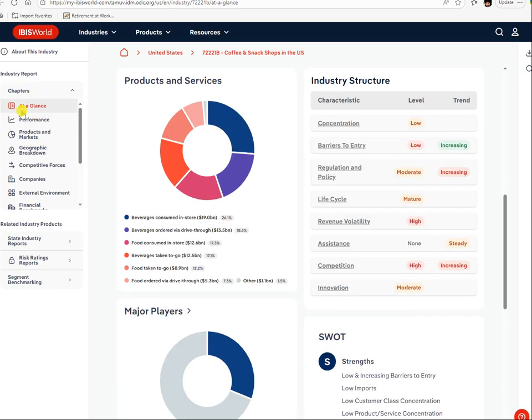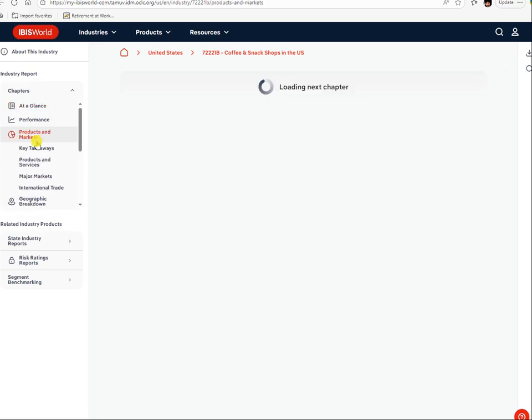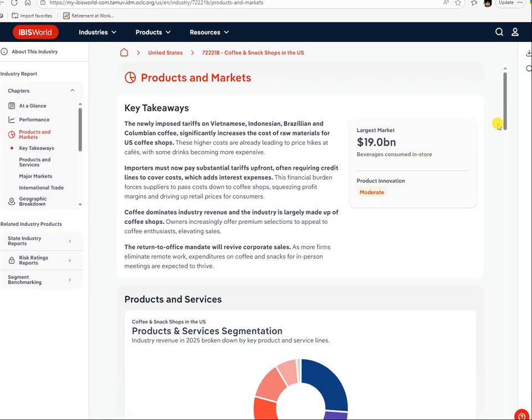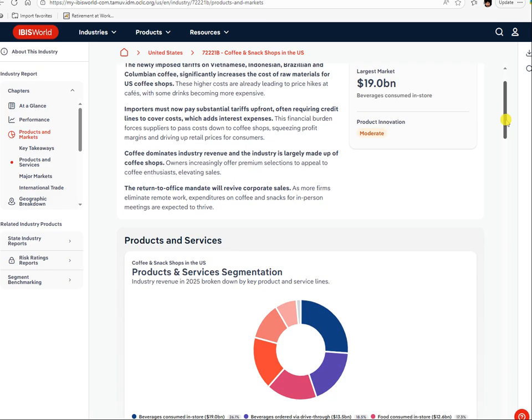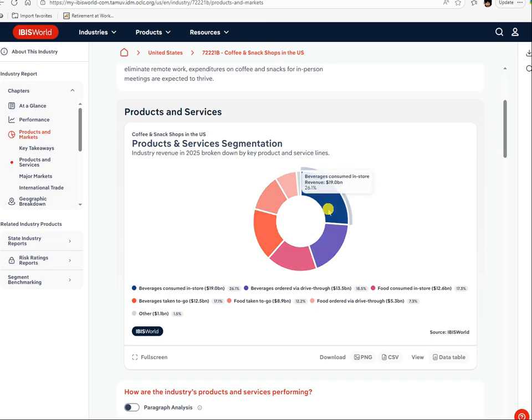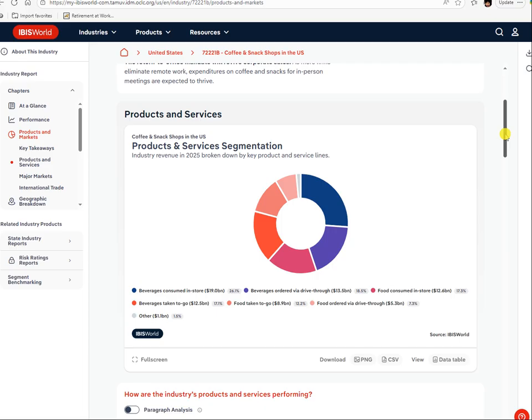And on the left navigation bar, you can see the detailed information about the performance or product market. Let's see. So what are the products? The beverage, consuming store, drive-through, those take almost 45% of the total industry revenues.